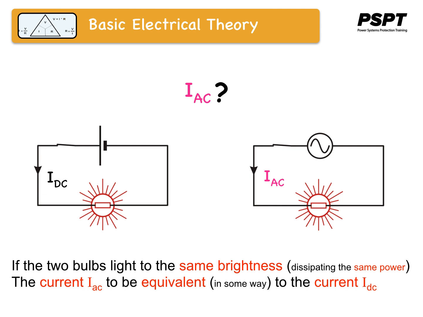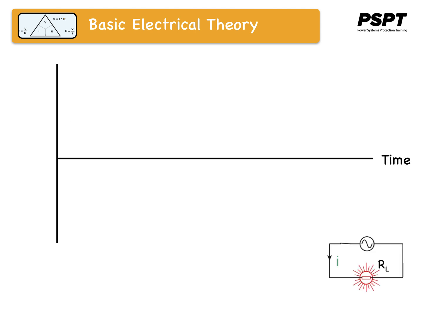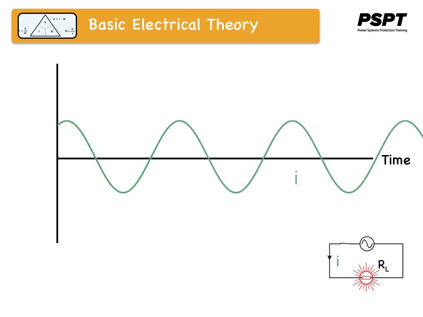Now let's take another step forward and take a closer look at that AC current that's flowing in the circuit. And we're going to call that current I. And over a period of time, that current rises to a maximum, goes down through zero, goes to a negative maximum, goes back up through zero, and up to a positive maximum, and then repeats itself over and over again in a steady state condition.